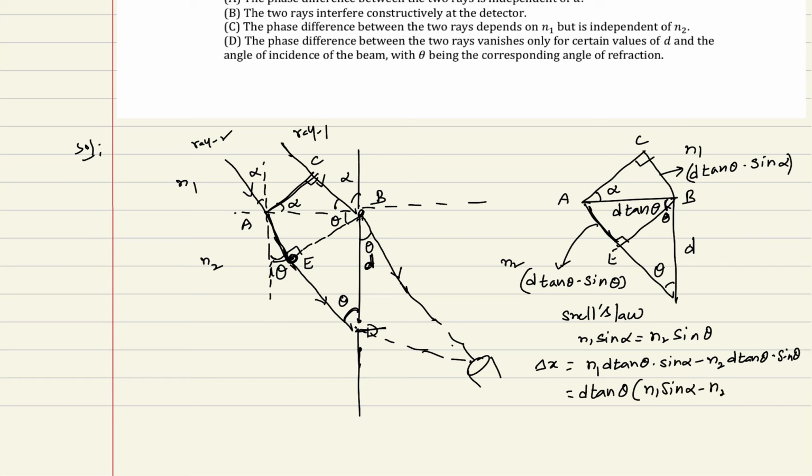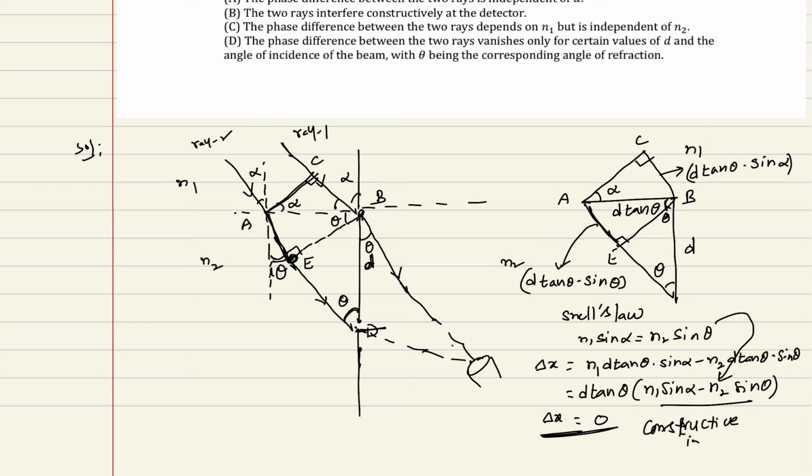Now D tan theta is taken common. We can write N1 sine alpha minus N2 sine theta. According to Snell's law, both are equal. If both are equal, we can write delta x is equal to 0.